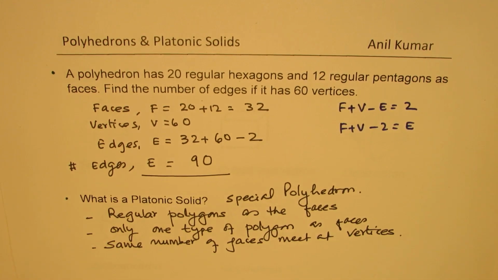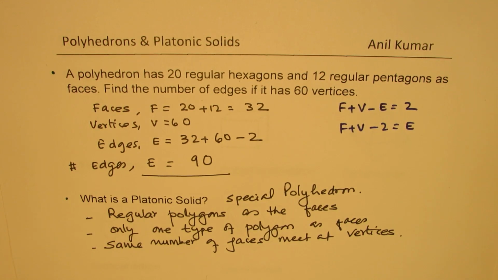Correct? So these are distinguishing features of a Platonic solid. A Platonic solid will always have regular polygons as its faces. All the polygons will be of the same kind. If we have triangular, all will be triangular. If we have pentagonal, all will be pentagonal.